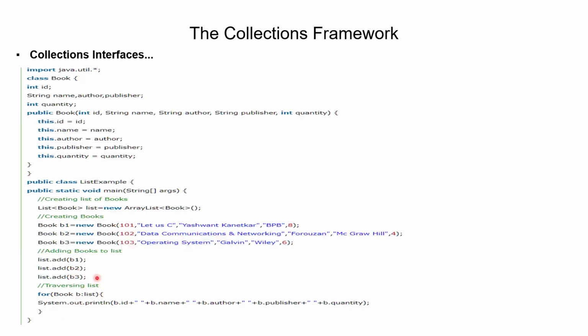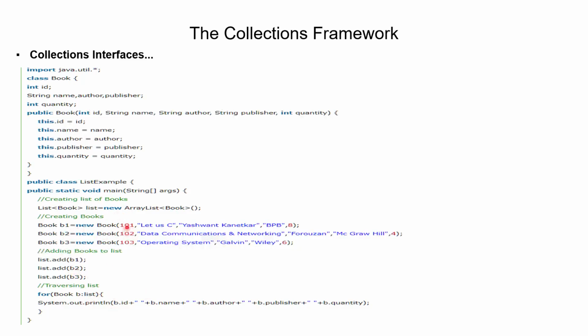Now that we added these books, we can traverse them with our for loop and print out each one. The B here means the current one that the for loop is pointing to. So B1 will be the first time, and then it'll move to B2, then B3.